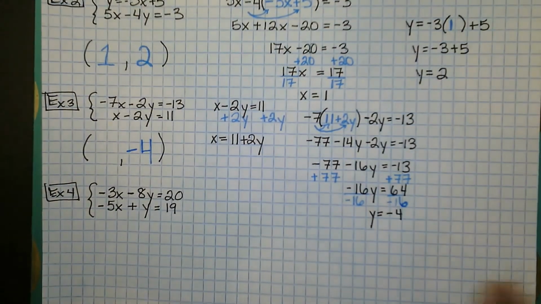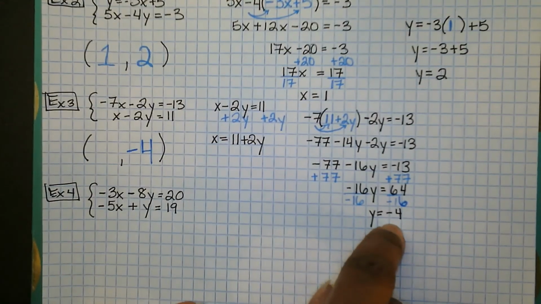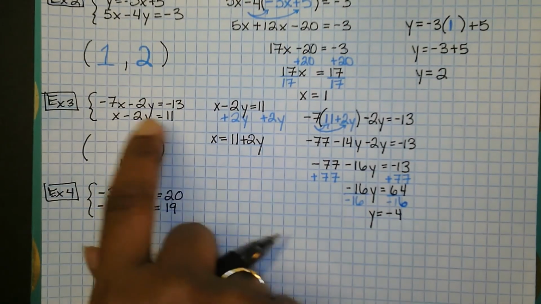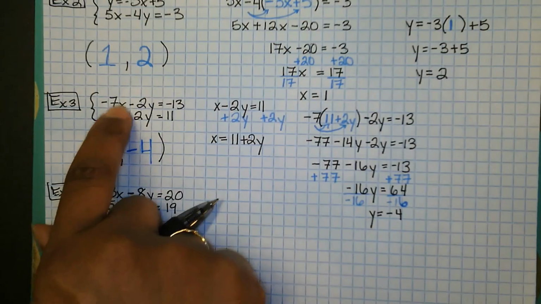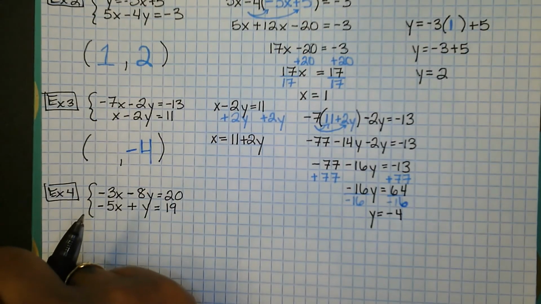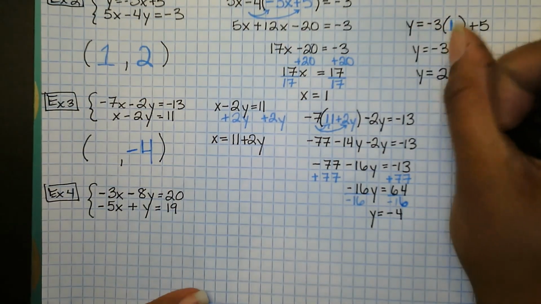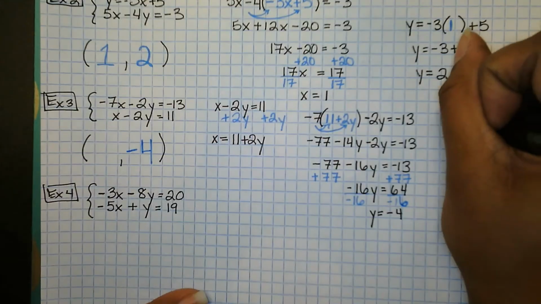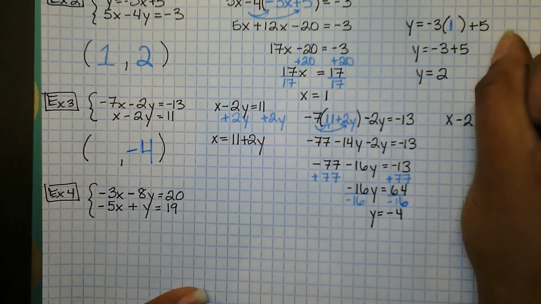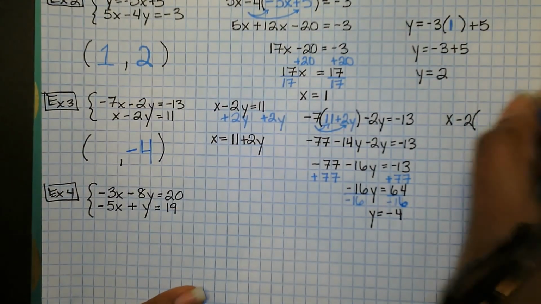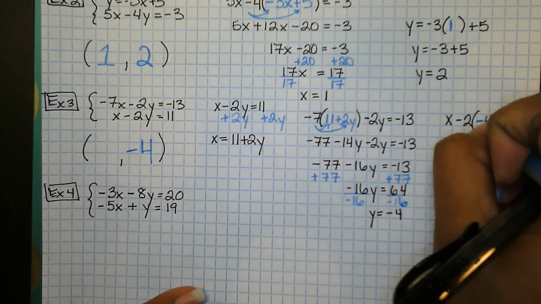Now we just need to use the fact that y is equal to negative 4 to solve for x. And you can plug that into either equation. I'm going to use the second one. So x minus 2, but instead of y, we know y is now equal to negative 4.